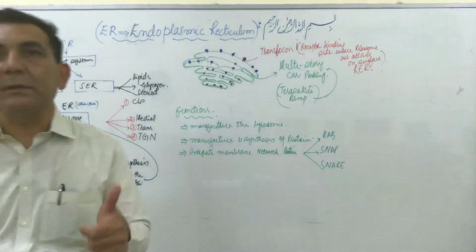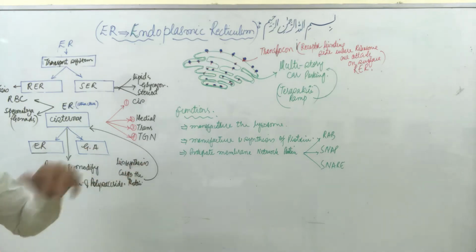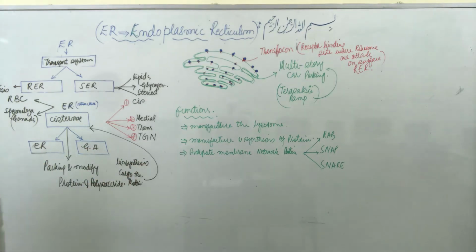The one is called the RER, and the second one is called the SNAPE, and the third one is called the SNAPE.